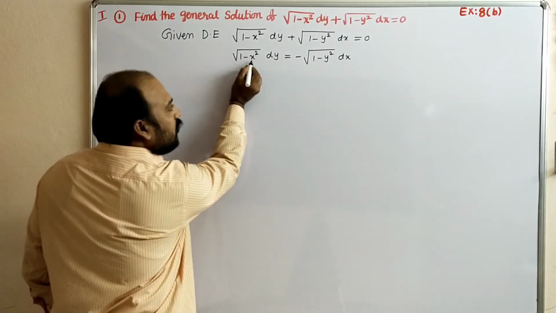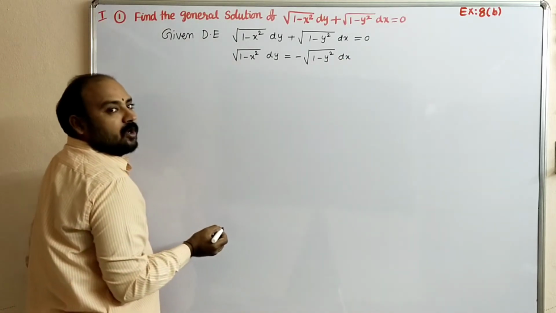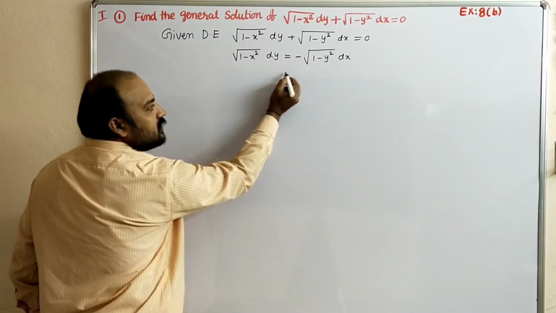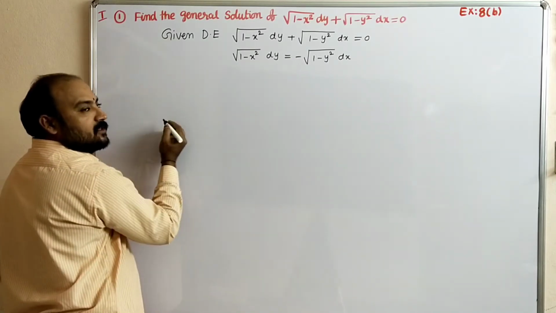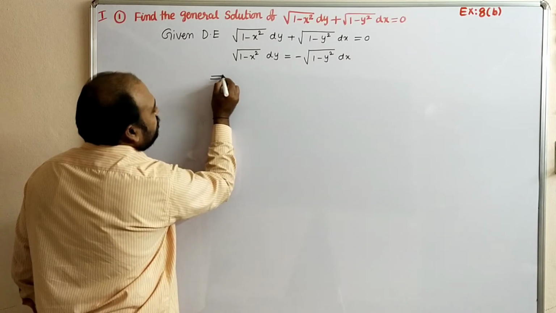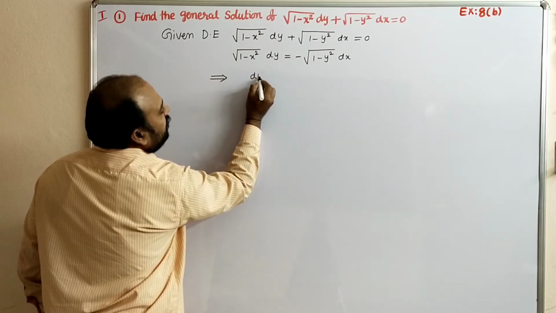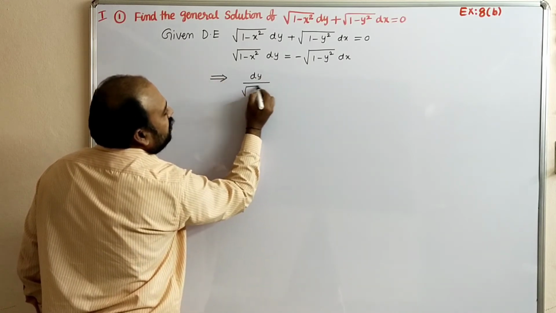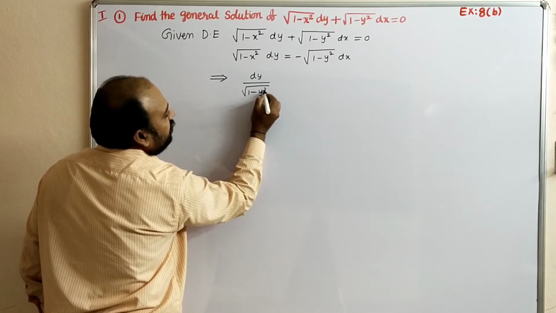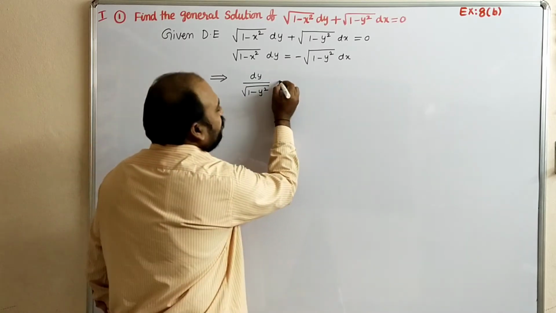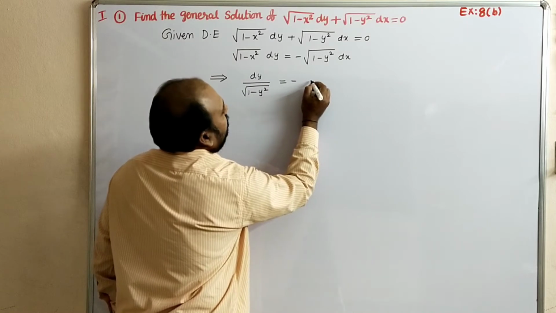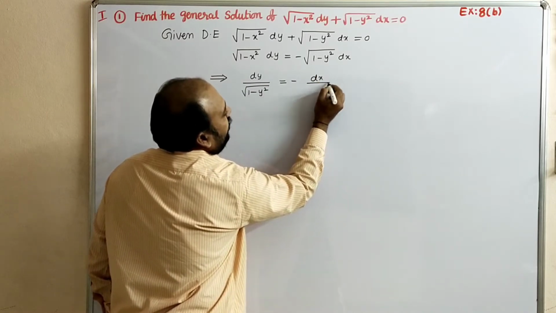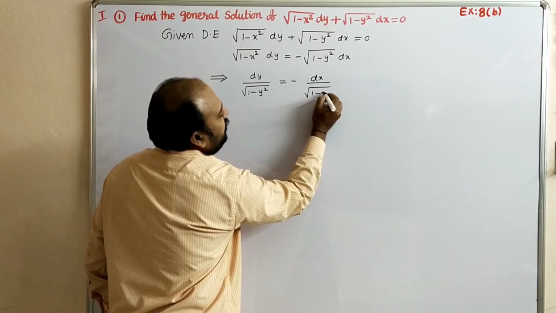Now here, root 1 minus x square we are taking to the RHS, root 1 minus y square we are taking to the LHS. So now it becomes dy divided by square root of 1 minus y square is equal to minus dx divided by square root of 1 minus x square.